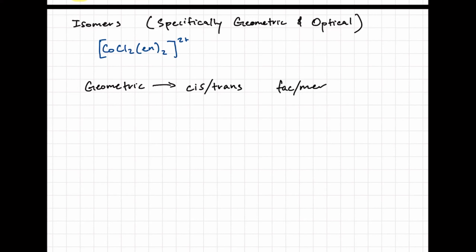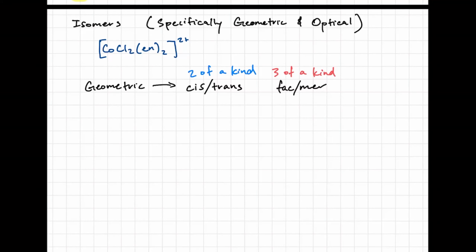For cis and trans, you have 2 of a kind, and exactly 2 of a kind of a specific thing. FAC and MER, you have 3 of a kind, and exactly 3 of a kind.